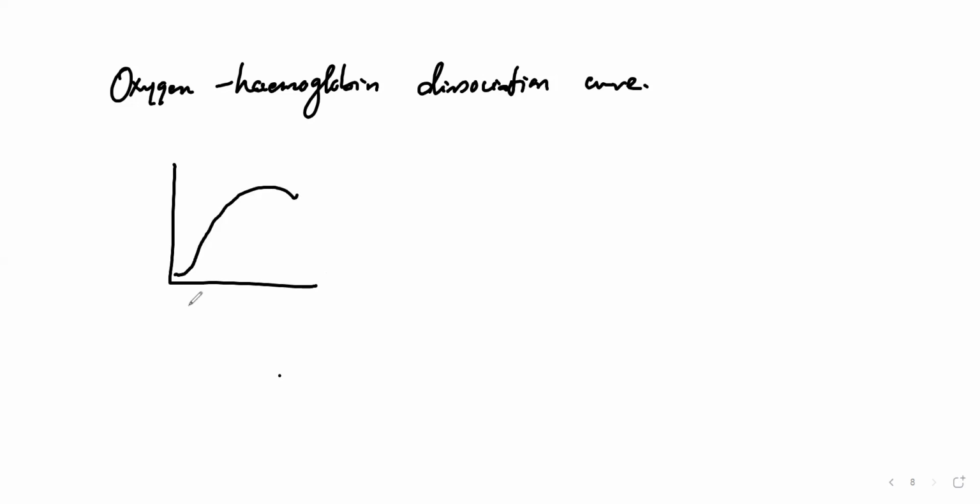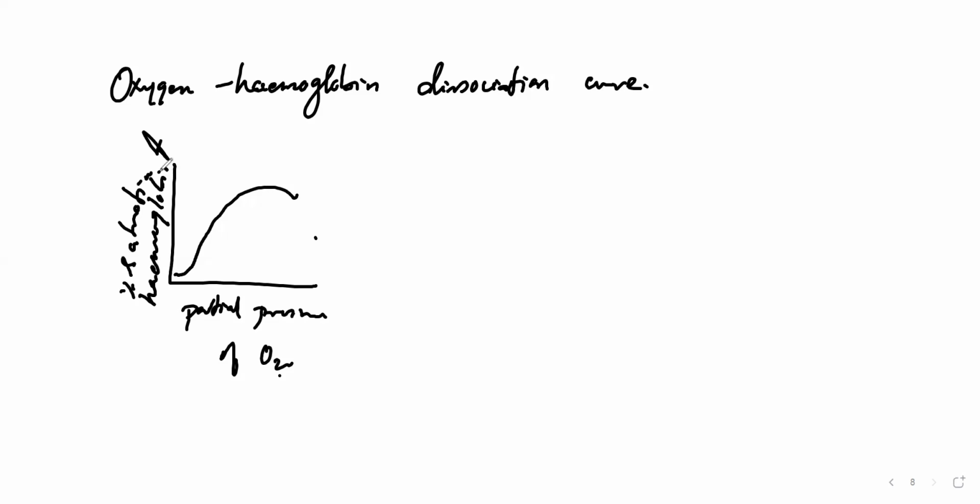Here it will be the partial pressure of oxygen, whereas on the other side you will have the percentage saturation of hemoglobin with oxygen. So this type of curve is what? Sigmoid.